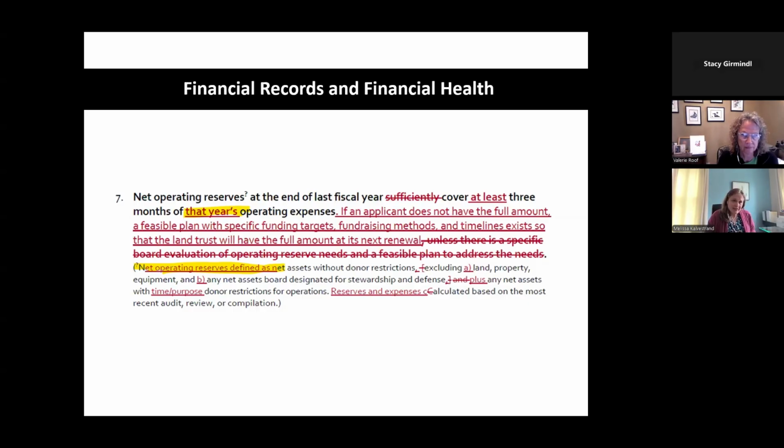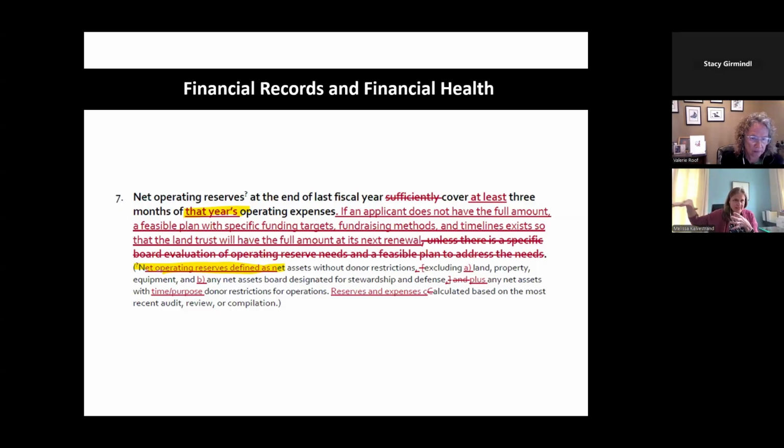We also clarified in the definition which assets and net assets count towards an operating reserve. We wanted to make clear that net assets with perpetual restrictions, the funds that an organization can take the earnings off of but has no ability to touch the principal of, are not something we would count towards an operating reserve, because the principal of those funds isn't actually available for operations.